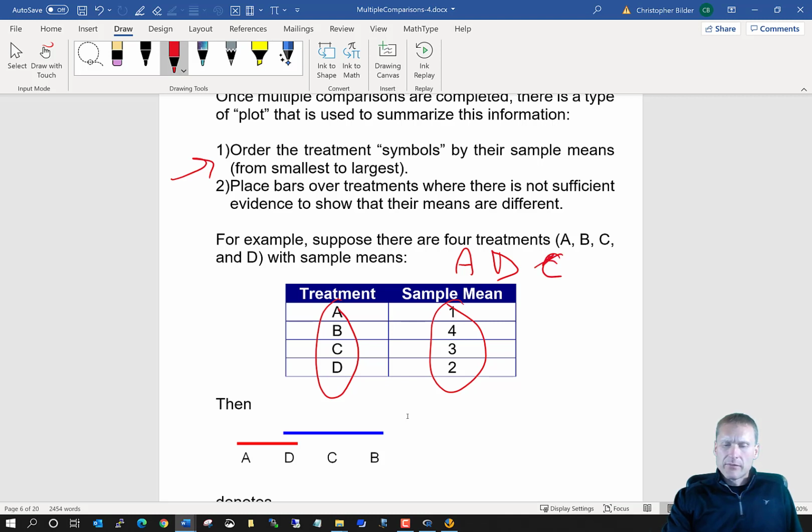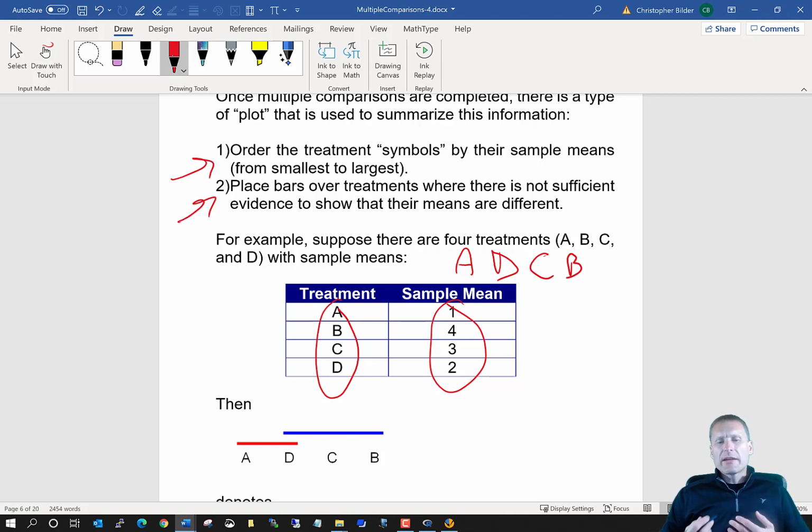Sometimes it's hard to write and talk at exactly the same time. So what we're going to do is write out these letters corresponding to an ordering of the sample means. Treatment A, factor level A, had a sample mean of 1. That was the smallest, so that letter came first. Treatment D had the next smallest sample mean, so that letter came second in how I'm writing everything out.